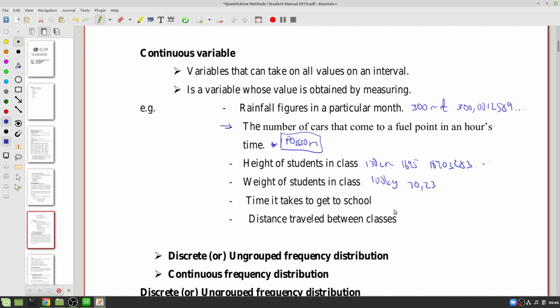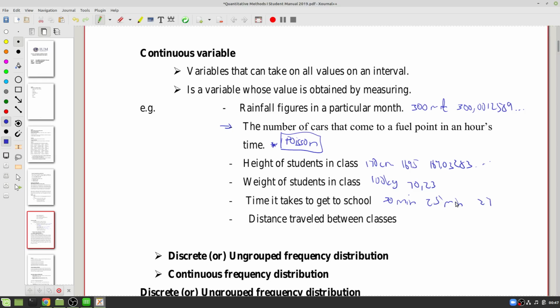So for any two values you get, like the time it takes to get to school. Let's say it takes you on average 30 minutes to get to school. And someone else takes 25 minutes. So we don't know how many different values there are in between, because there's an infinite number. Because we could have 27 in between. So then how many values are there between 25 and 27?